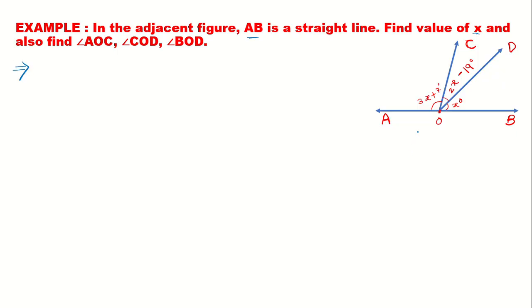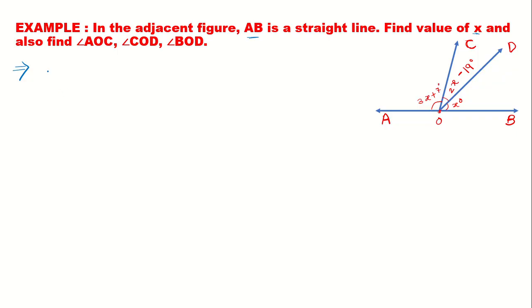As you can see here, a straight line is formed. So which is the topic that we will apply here? Yes, it is linear pair of angles, as a straight line is given here.